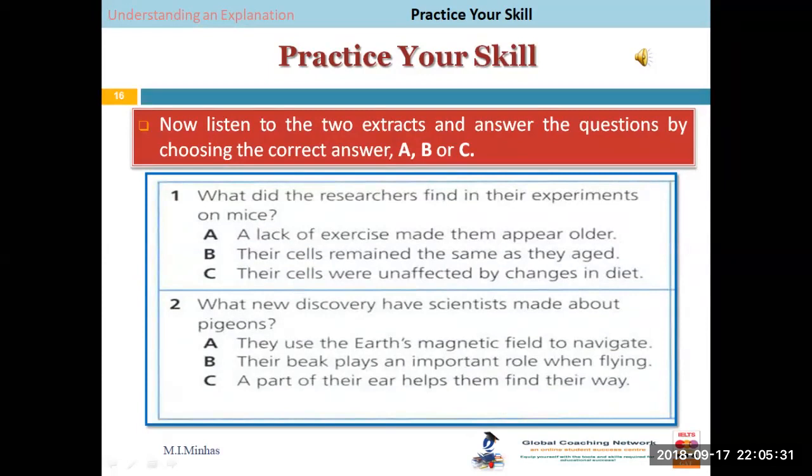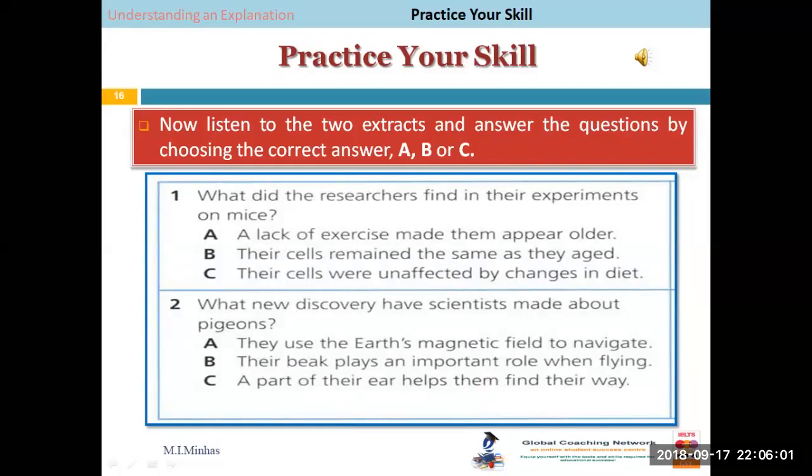C, their cells were unaffected by changes in diet. One thing is common in all these 3 options: getting older, the aging of cells, right? So there are 3 reasons that are going to be described to you. One was lack of exercise. Second was no change in the cells. And third was no change because of diet.